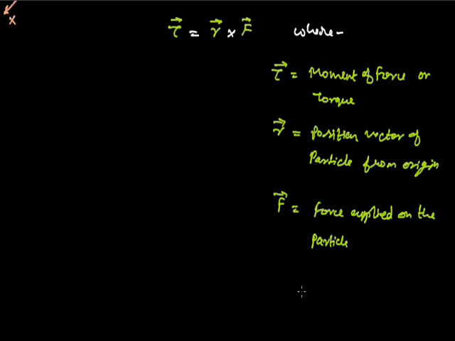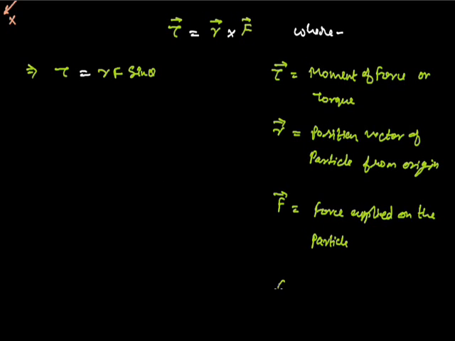Moment of force is a vector quantity, as is clear from the equation. Its magnitude is given by tau equals r F sin theta, where theta is the angle between the direction of force and the direction of the position vector of the particle.